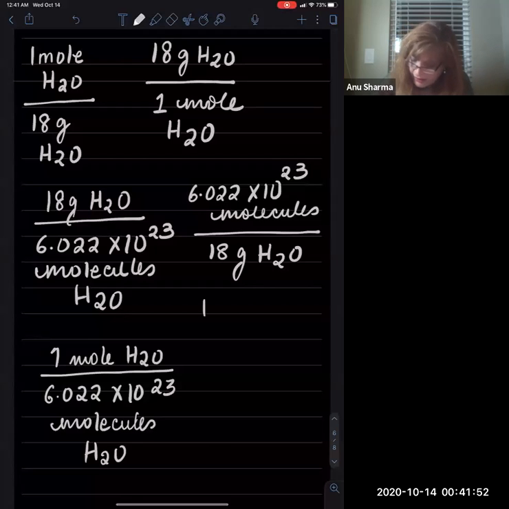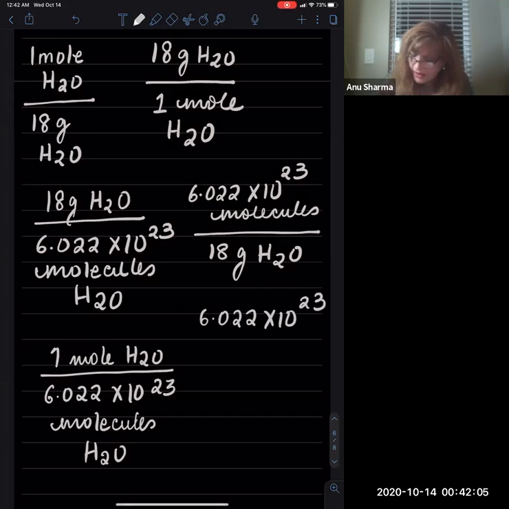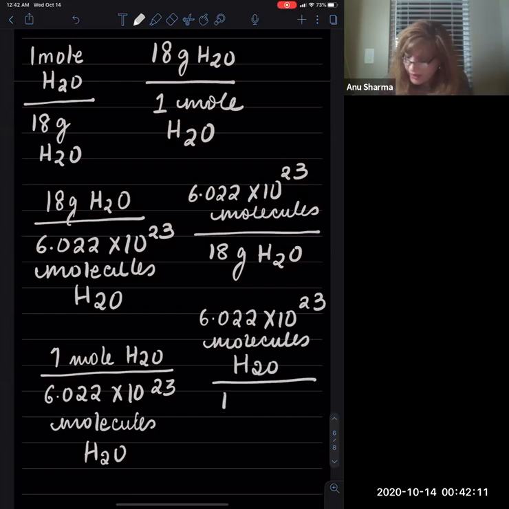Here, 6.022 times 10 to the power 23 molecules of water are present in 1 mole of water. Okay, so these are the conversion factors.